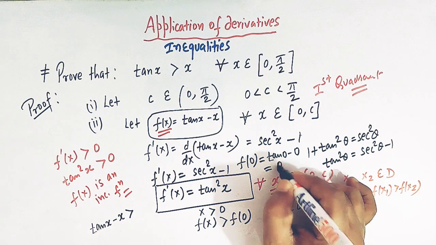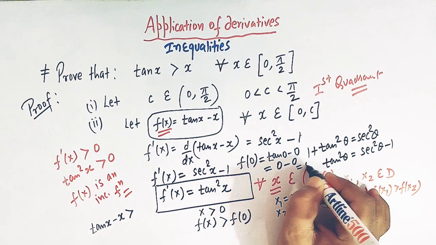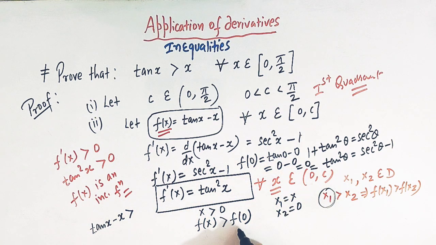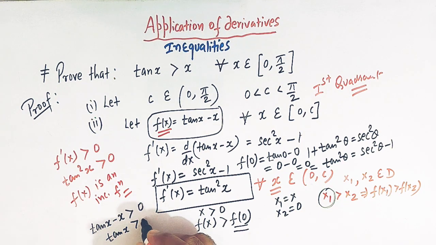Tan 0 is 0, so f of 0 is equal to 0. Now if we take this negative x to the right hand side, we get tan x is greater than x. So this is the desired inequality which we had to prove.